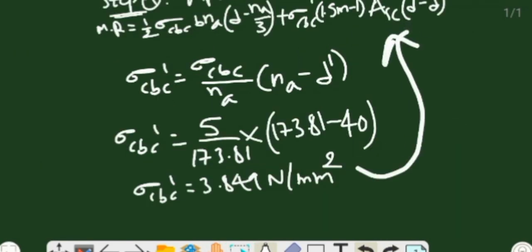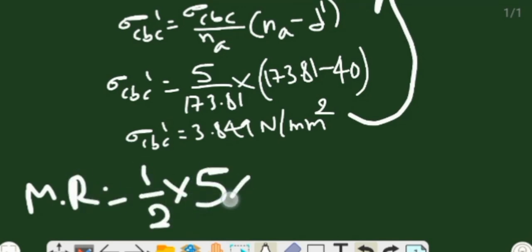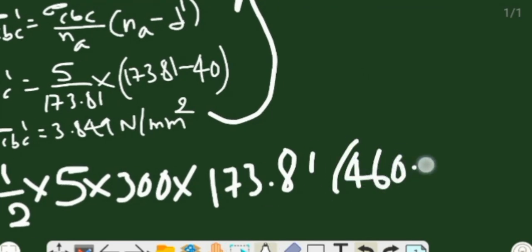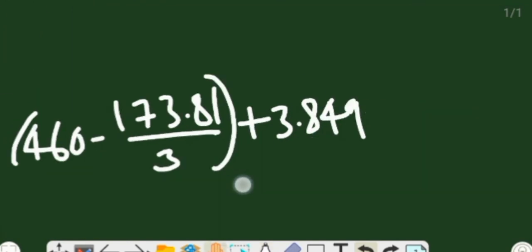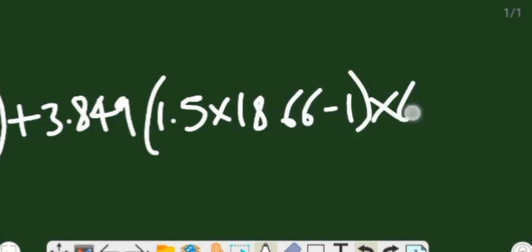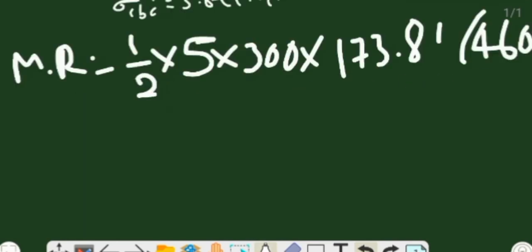Sigma CBC dash substituted in this formula: moment of resistance equals 1 by 2 into 5 into 300 into na, which is 173.81, into 460 minus 173.81 by 3, plus 3.849 into 1.5 into 18.66 minus 1 into ASC, which is 603.185, into 460 minus 40.